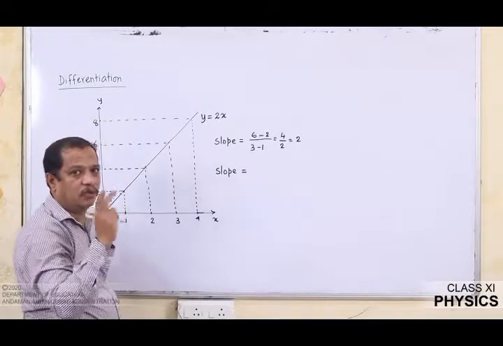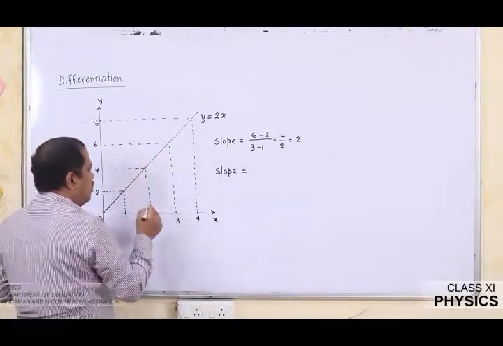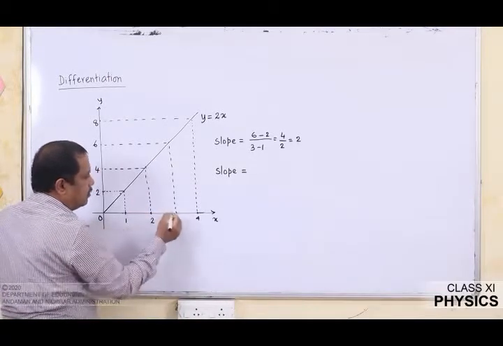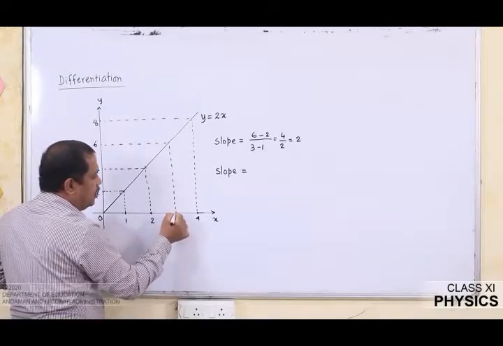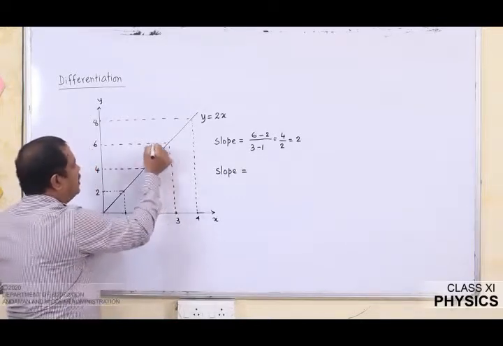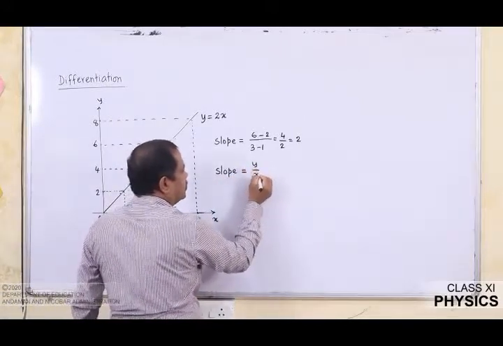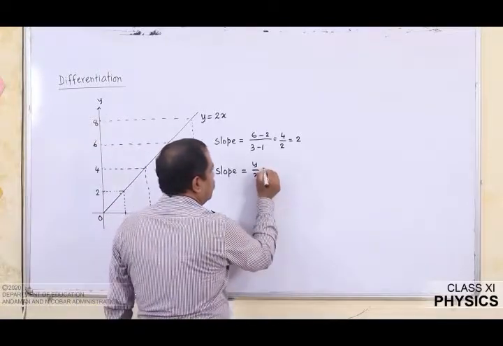So, I need two values to calculate slope, but for the case of a straight line I am going to take only one value, say 2, otherwise say 3. If I take only the value 3, the value of x is 3 and the value of y is 6. So, if I take y by x, this time I am taking only one value of x and y.